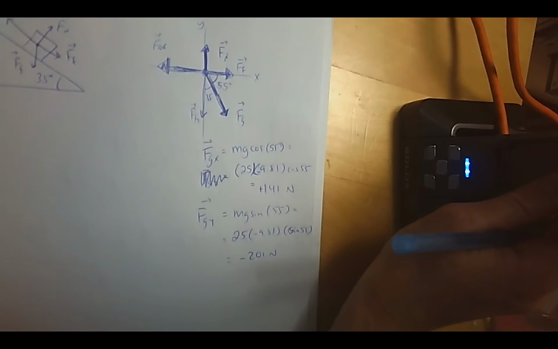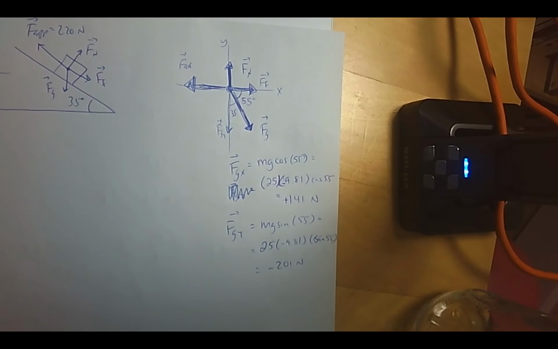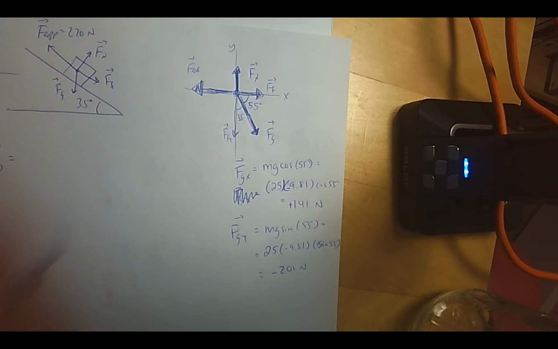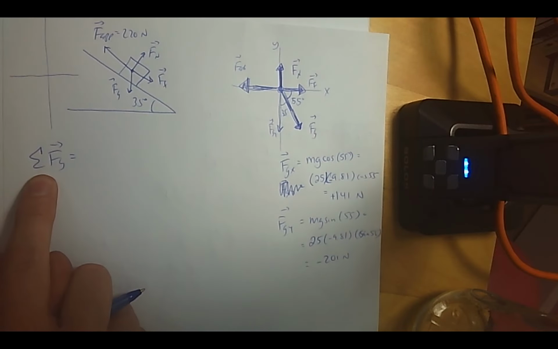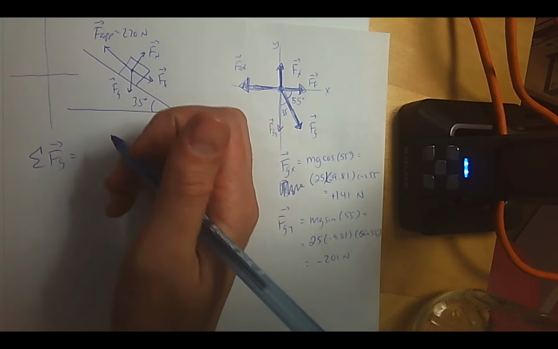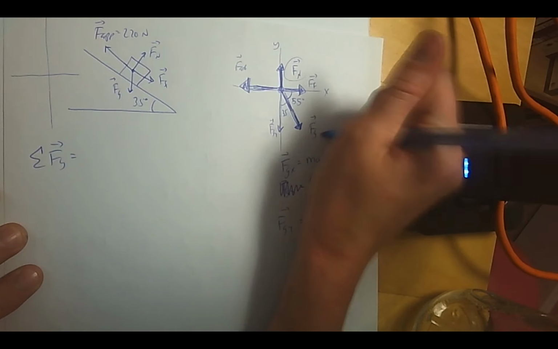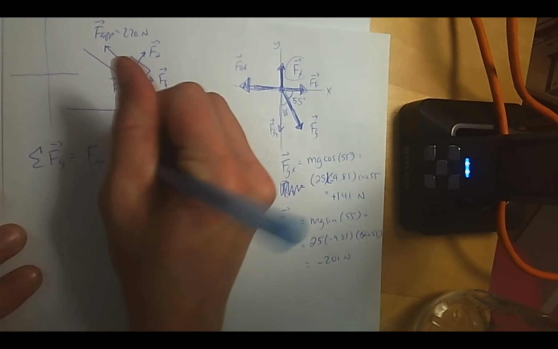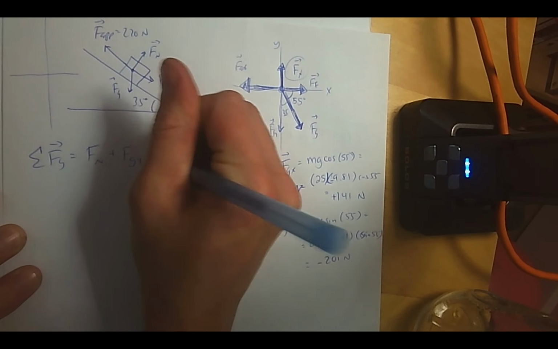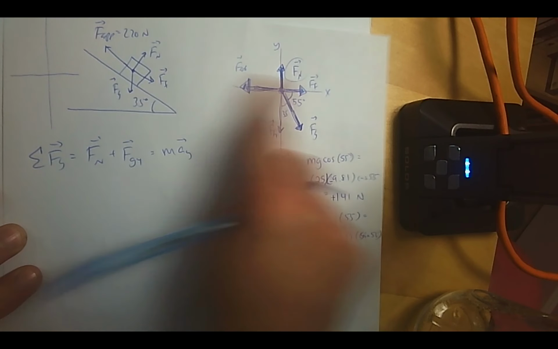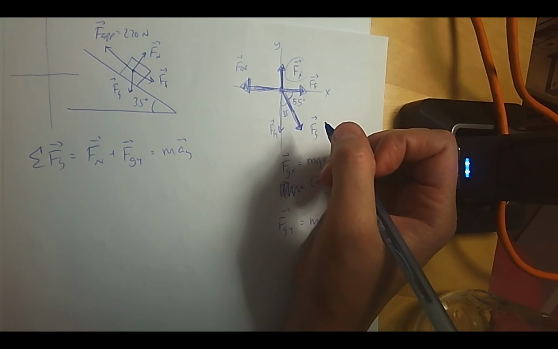Let's zoom out a little here. So I'm going to sum together the forces in the y direction because that's the direction that would have normal. So the sum of the forces in the y is normal and then y component of gravity, and that equals m a_y. Now, this object's not moving in the y direction, right?